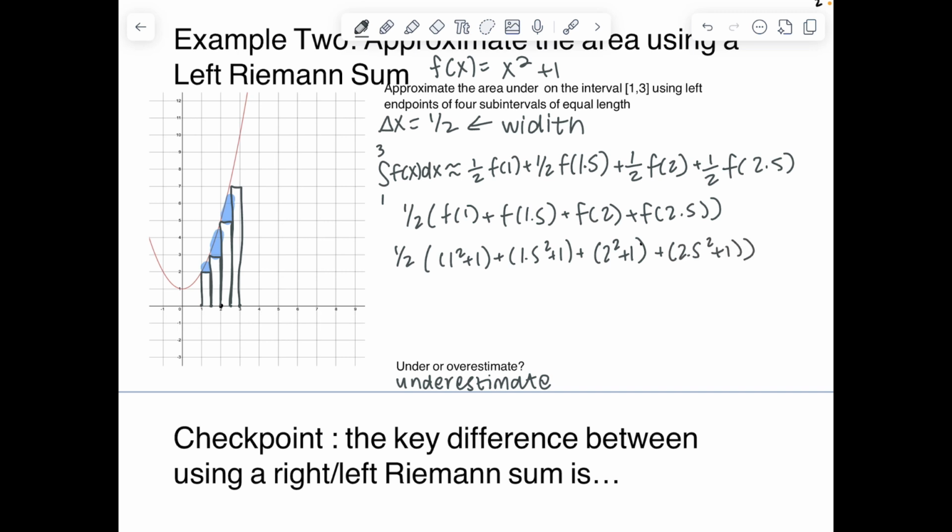And this one, I guess I'll just work it out so we can check. So 1 squared plus 1 is 2. 1.5 squared is 2.25, so this will turn into 3.25. This will turn into 5, and then 2.5 squared should be 6.25, so this is 7.25.